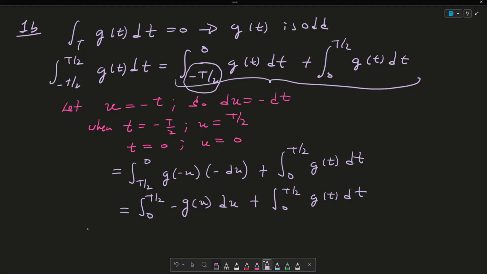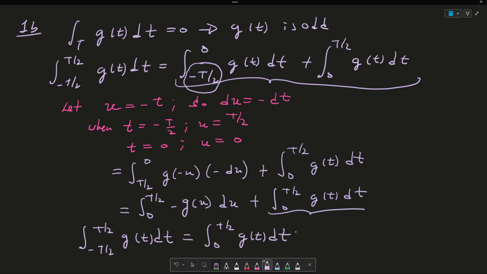So then my integral of negative T over 2 to T over 2 of g(t) dt is equated to this integral of 0 to T over 2 of g(t) dt, minus the integral of 0 to T over 2 of g(u) du, which again is just 0, simply because these two are identical. I hope that makes sense. If you have any questions or comments, please leave them down in the comment section below, and I'll be sure to get back to you.